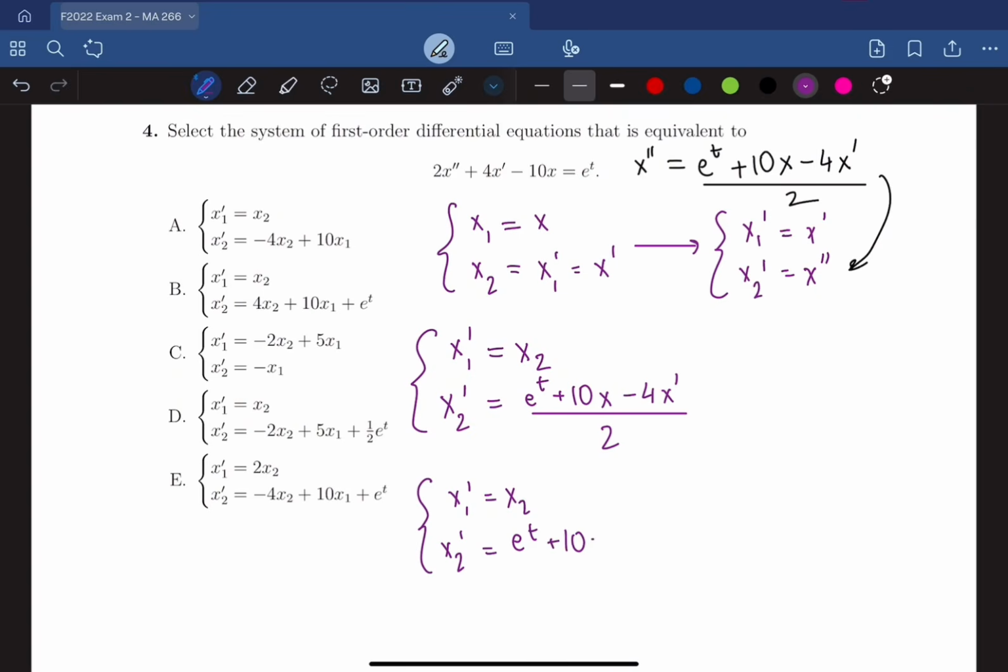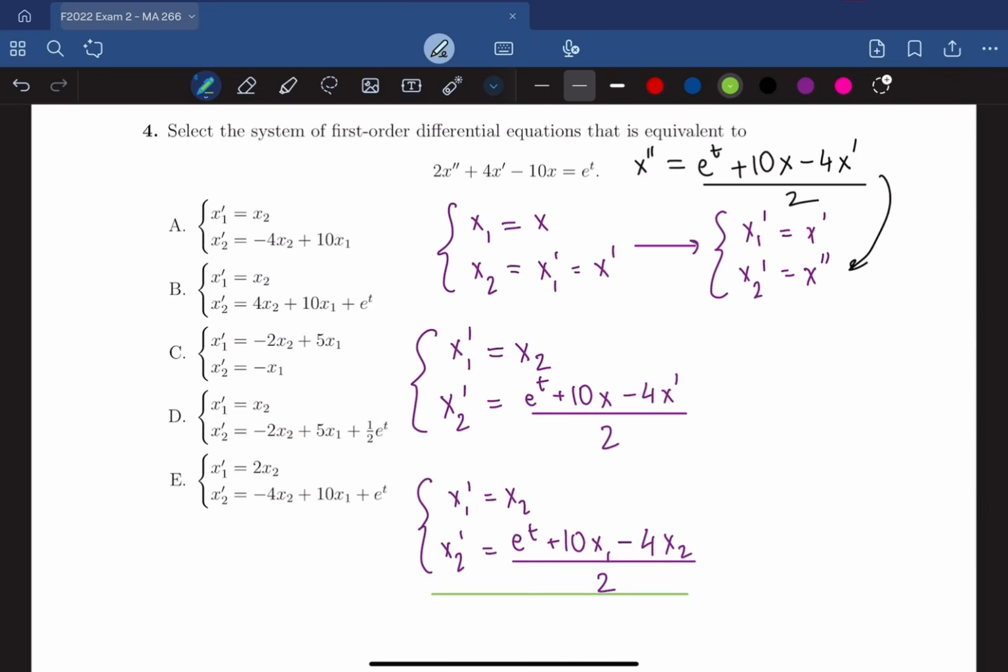And what's x prime over here? x prime can be written as x2, right? And all over 2. So this should be our answer.